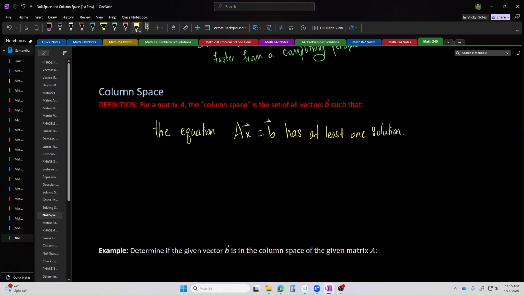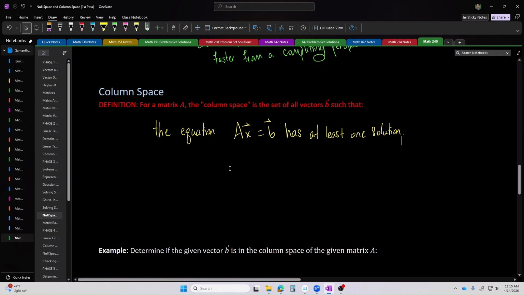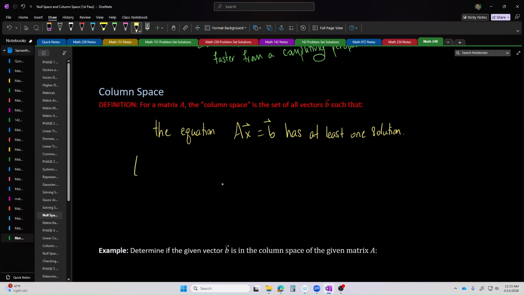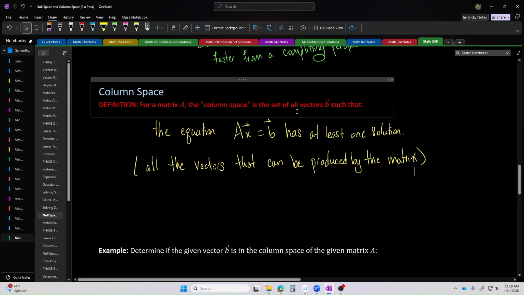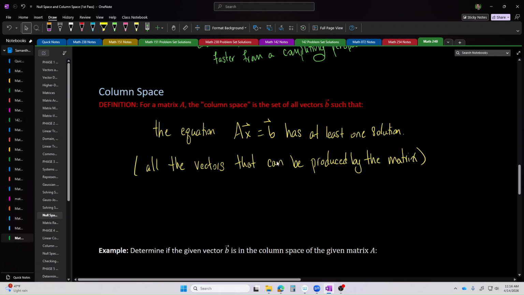So, put another way, the column space consists of all the vectors that can actually be produced by the matrix. All the vectors that can be achieved or produced by applying the matrix A to whatever vector in the domain.